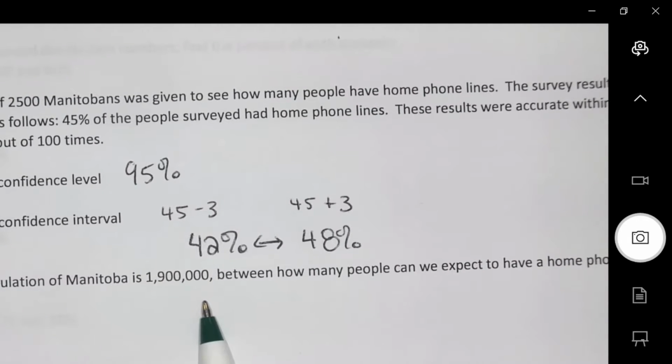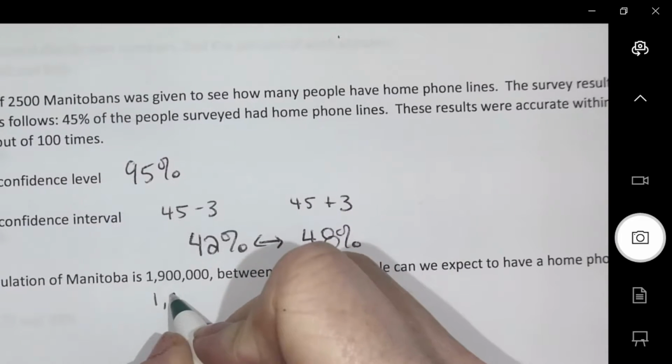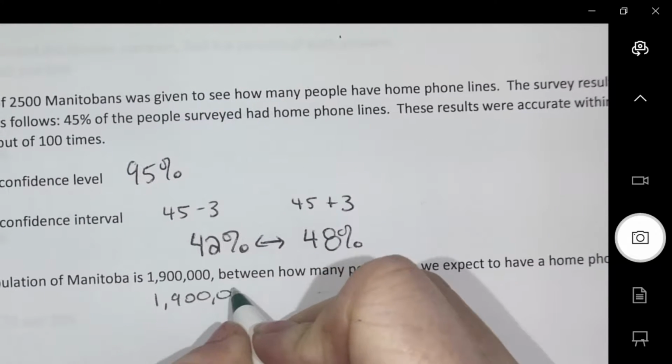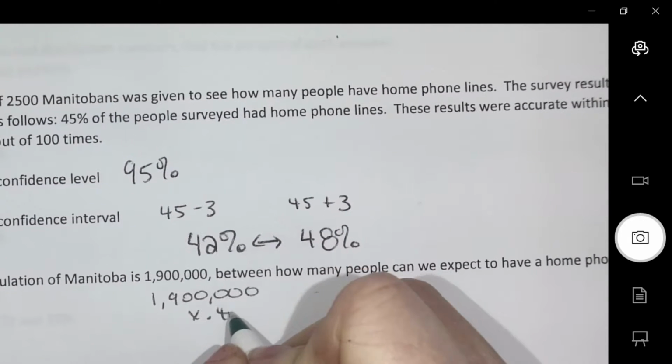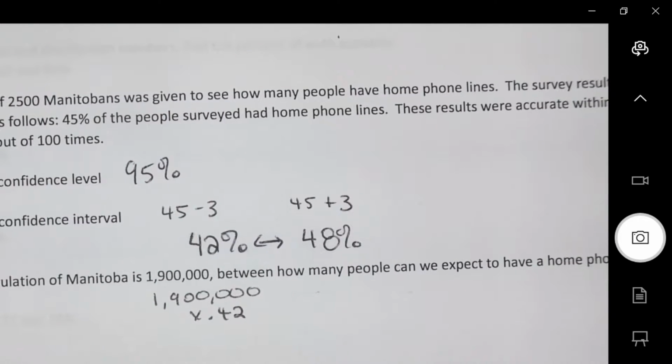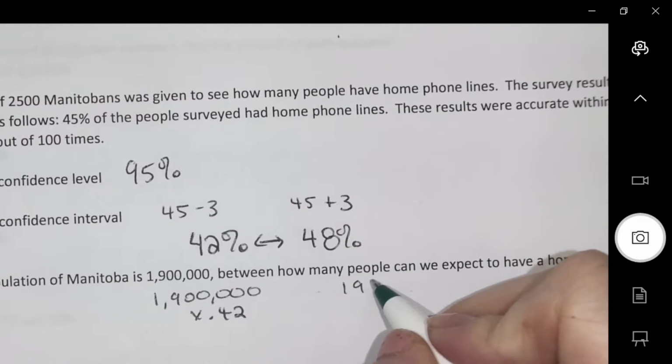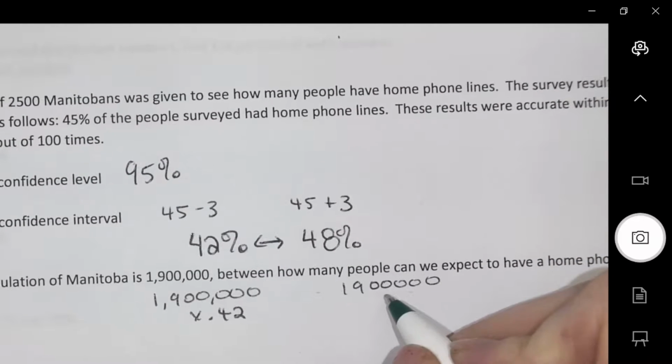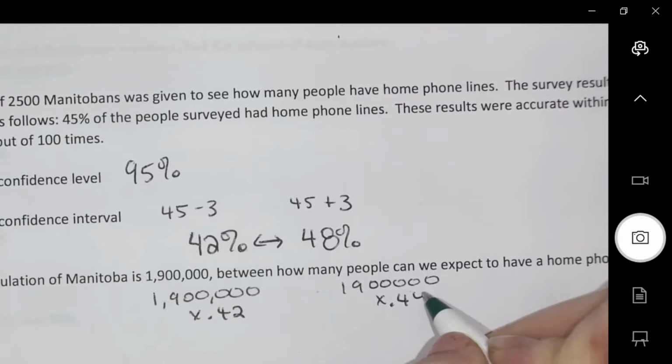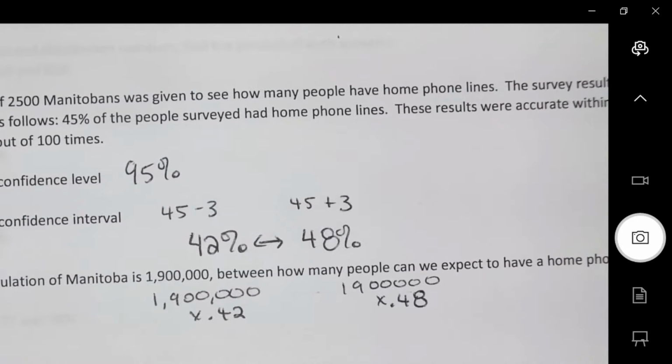So if the population was 1.9 million, how many people would we expect to have phone lines? So I'm going to take that 1.9 million and times it by 0.42, because that's how we times percents. And then I'm going to do the same thing with 0.48.